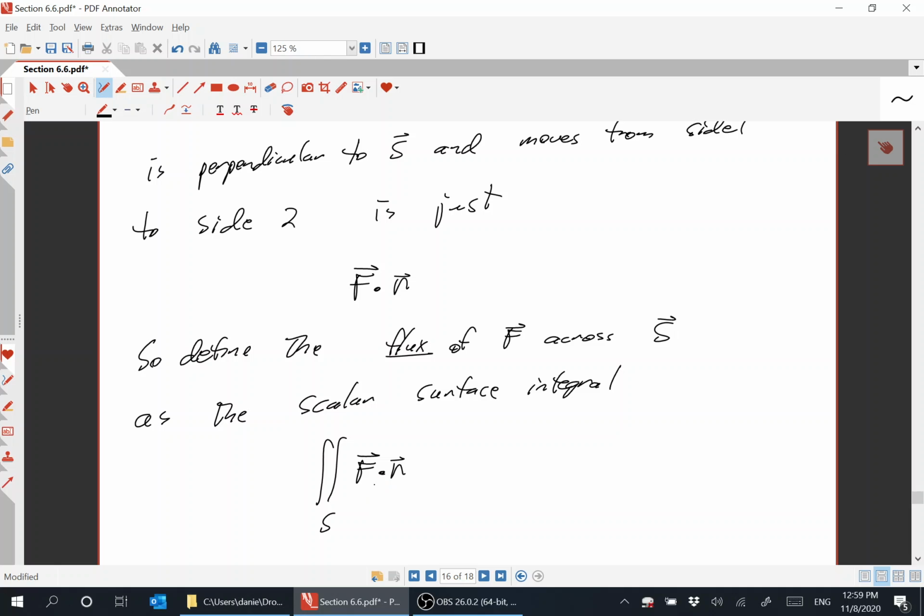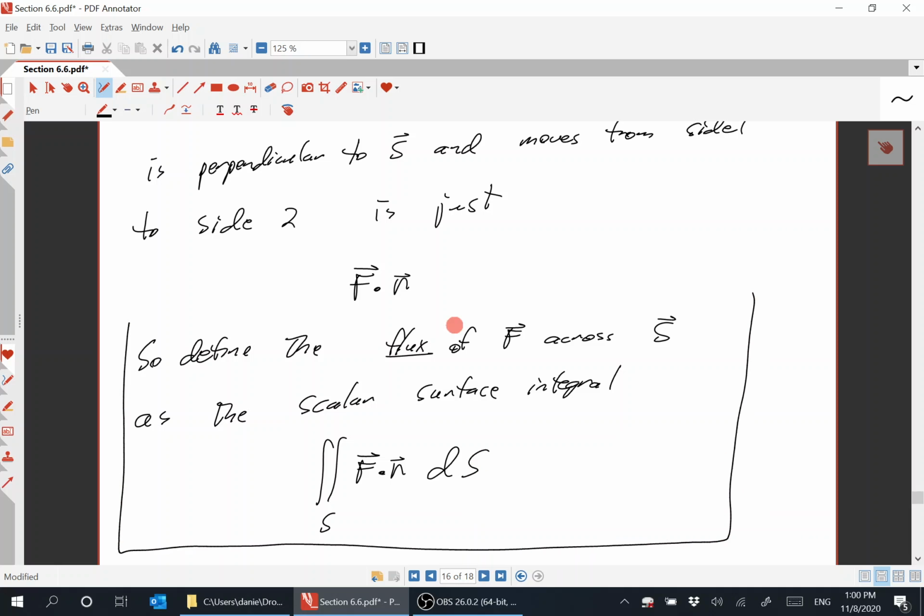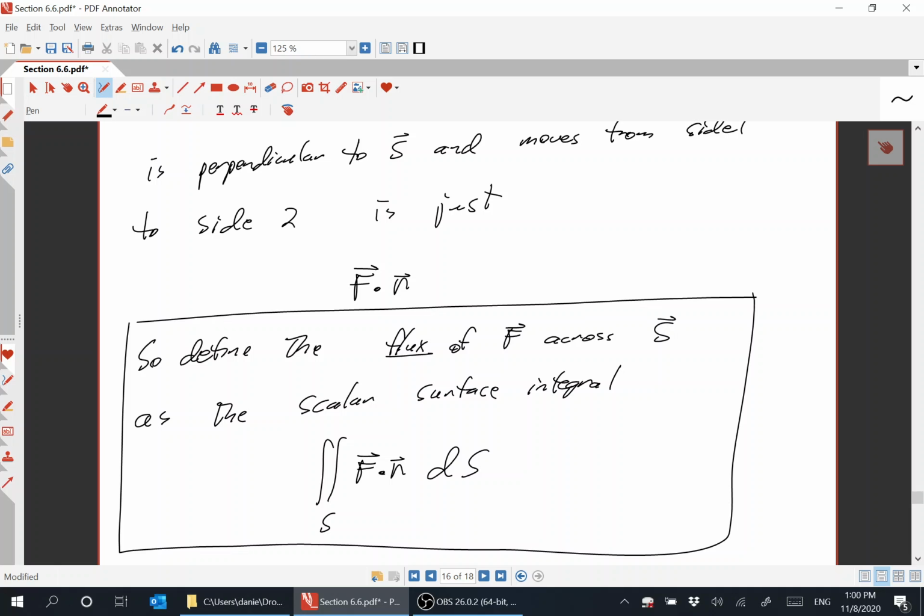That's a dot product, but a dot product gives you a scalar function. So that's the definition of the thing.